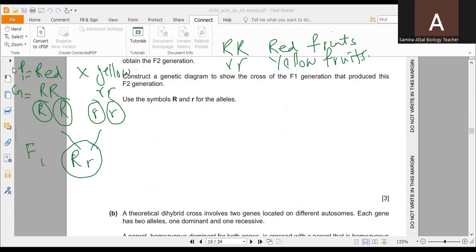So now we have to get the F2 by F1 into F1.